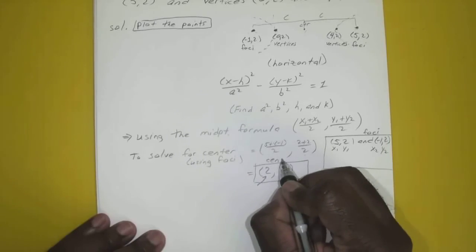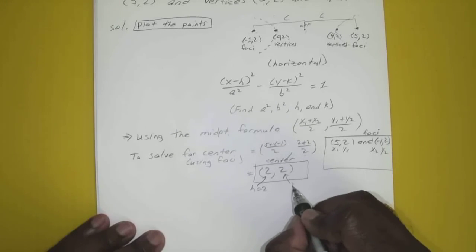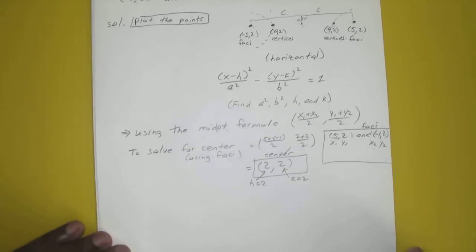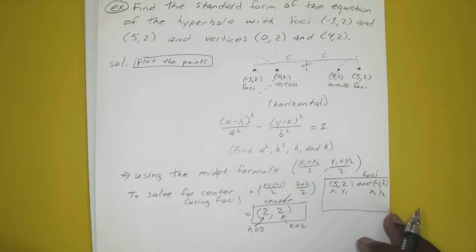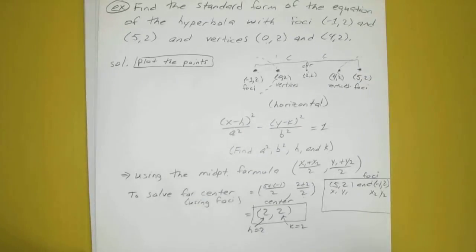So we know we have our center. That means this is our H, and this is our K. Okay, so we go up there just to point our 2, 2.